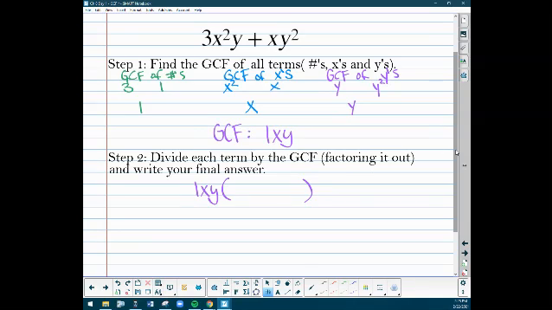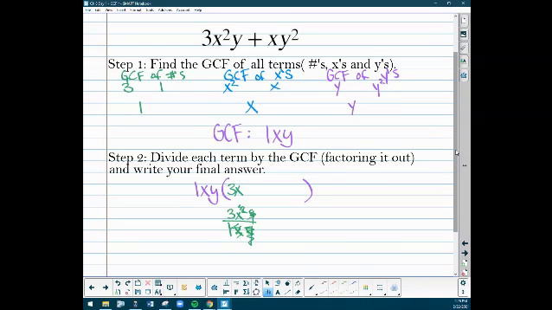So the first is going to be 3x squared y divided by my GCF, which is 1xy. Well, 3 divided by 1 is going to stay 3. X squared divided by x is going to leave me with just x. And y divided by y, those cancel each other out, leaving me with nothing left.